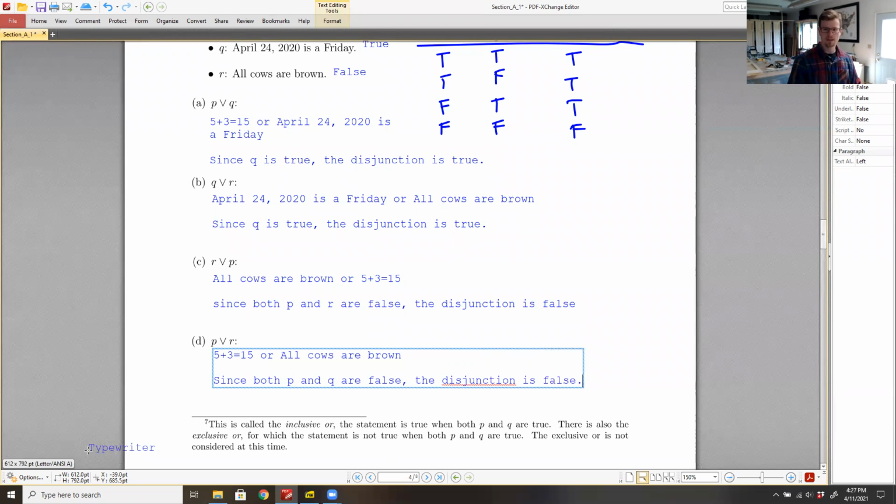All right, so what we want to notice here then is that disjunction is commutative. You can write it in any order and that's fine.